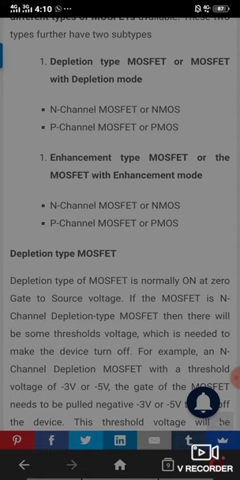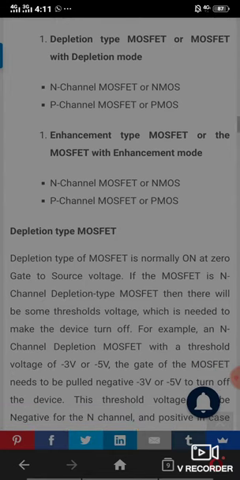If the MOSFET is an n-channel depletion type MOSFET, then there will be some threshold voltage which is needed to make the device turn off.